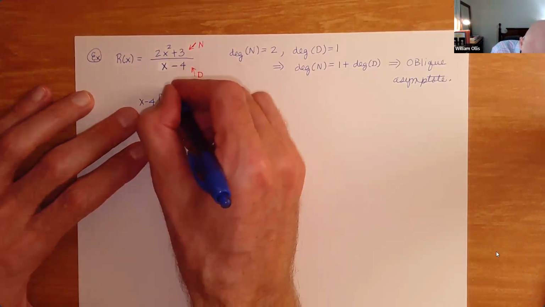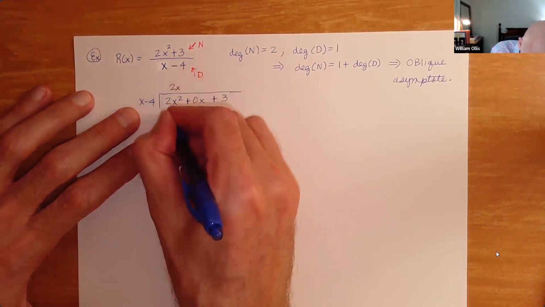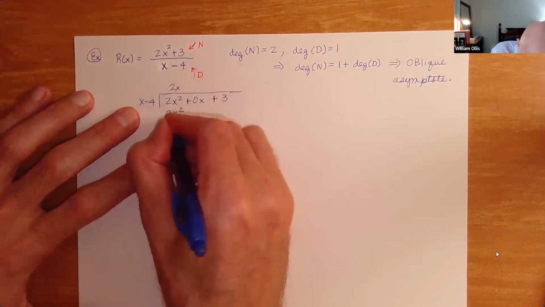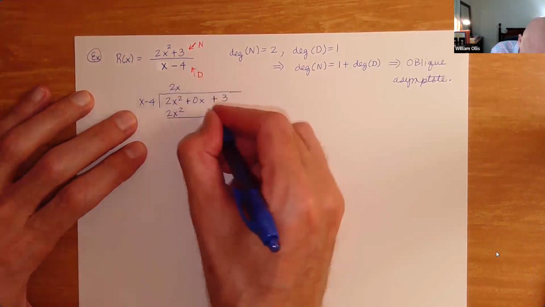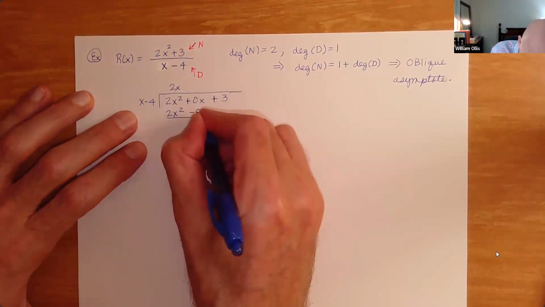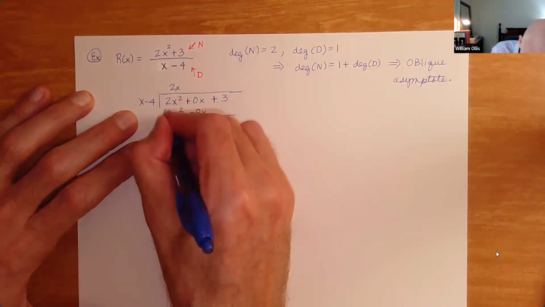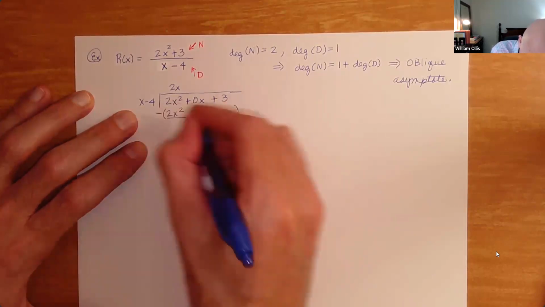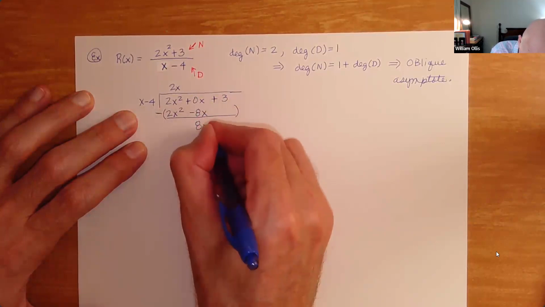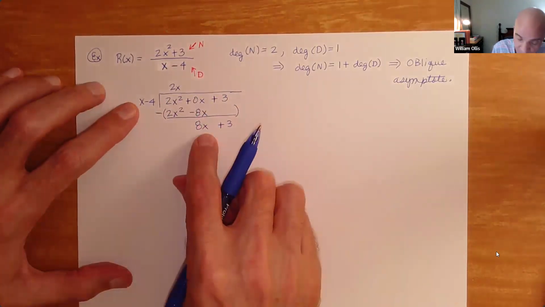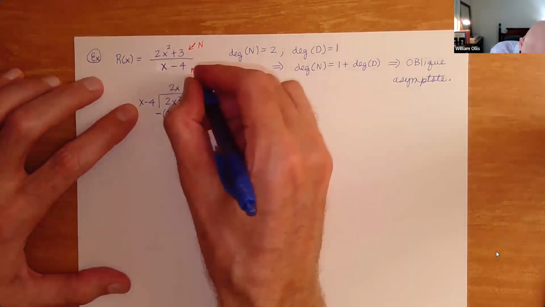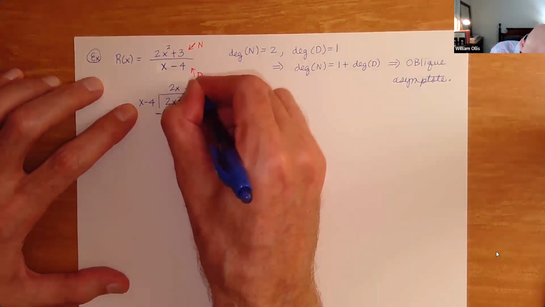So x into 2x squared will give us a 2x. So 2x squared. And then, of course, we have a 2x times a negative 4, which is a negative 8x. So now we subtract. So that gives us a positive 8x plus a 3. Now we can divide again. The degrees are the same, so we can keep dividing. So this gives us a plus 8.